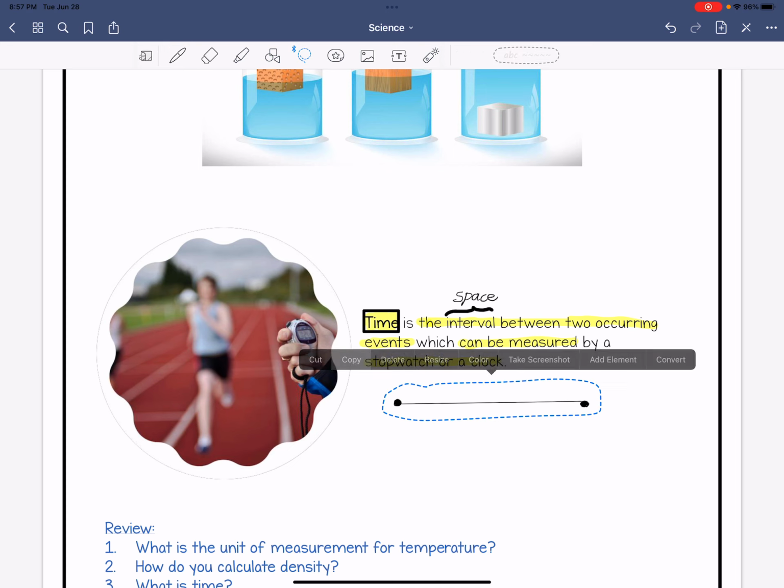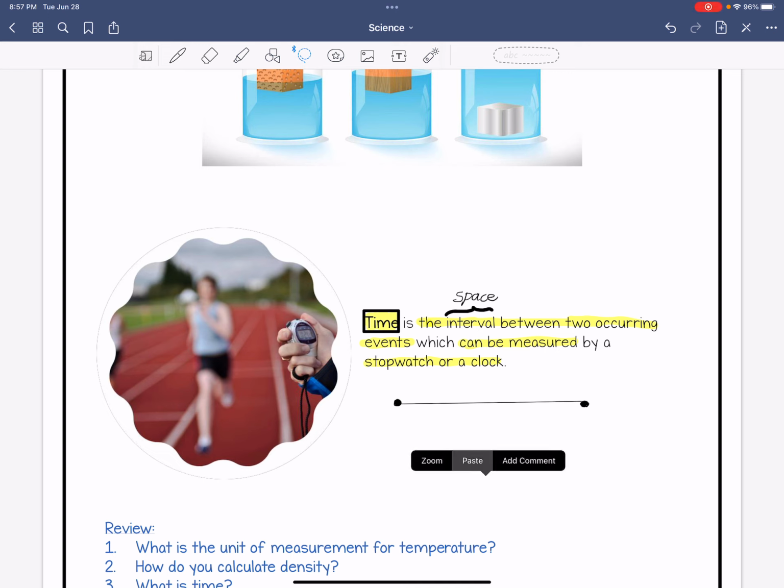I'm going to make a copy of that. So I have two identical tracks, and we're going to call this the starting point, and this is the finish line. So start and finish. So there are the 2 points, two occurring events.